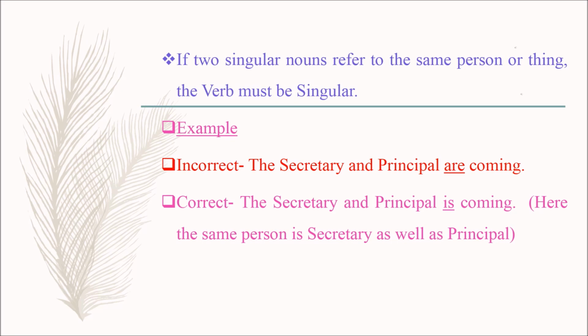Here the secretary and principal are two singular nouns that refer to the same person, so the verb must be singular. So the correct sentence is: the secretary and principal is coming.